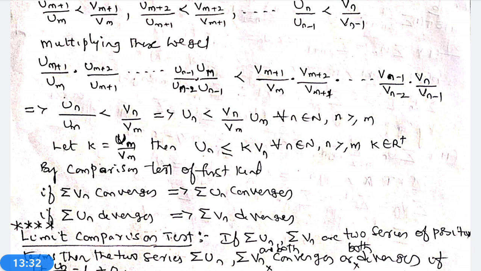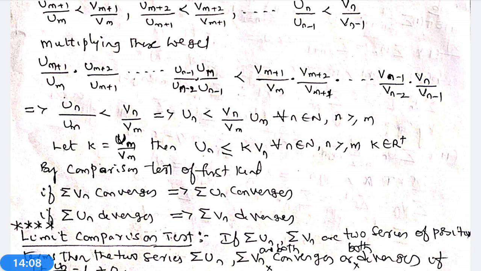This implies un/um < vn/vm. This implies un < (um/vm) vn.